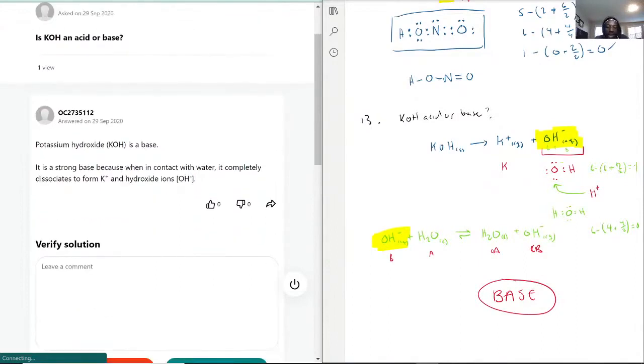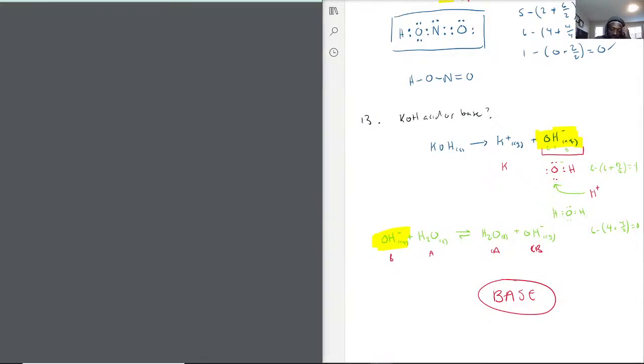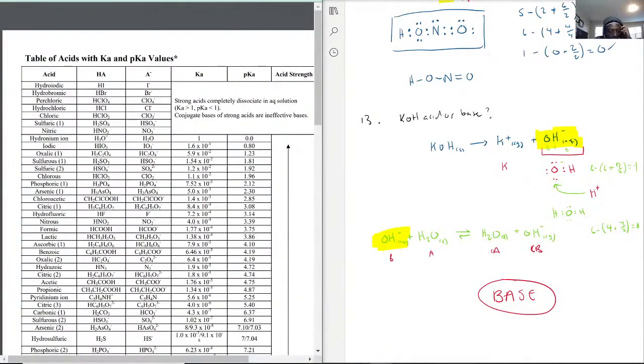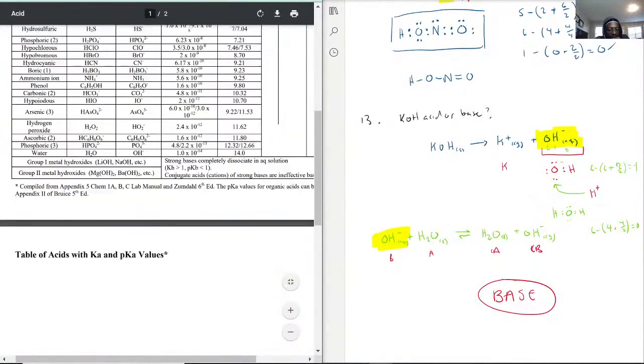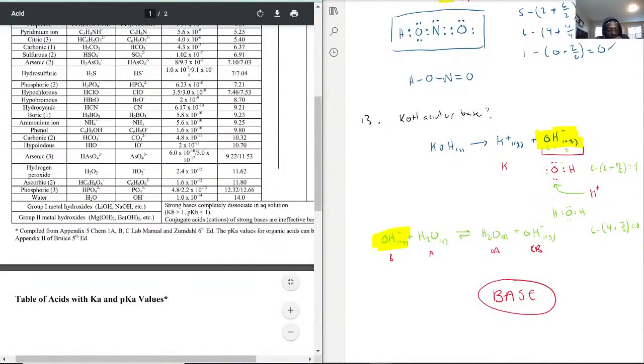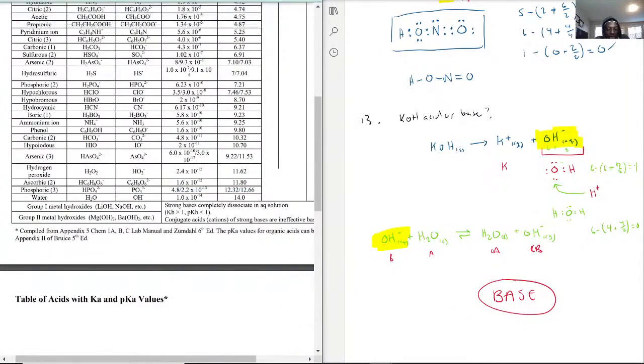So exactly. With that being said, it is a base, and I wanted to show you this because if you scroll down on our table of values, OH minus is considered one of the strongest bases you can have. So KOH would be working as a base because as soon as it produces hydroxide, it's going to make the solution more basic.